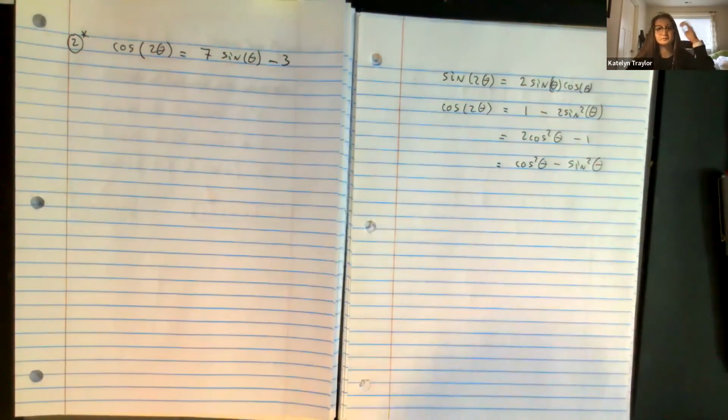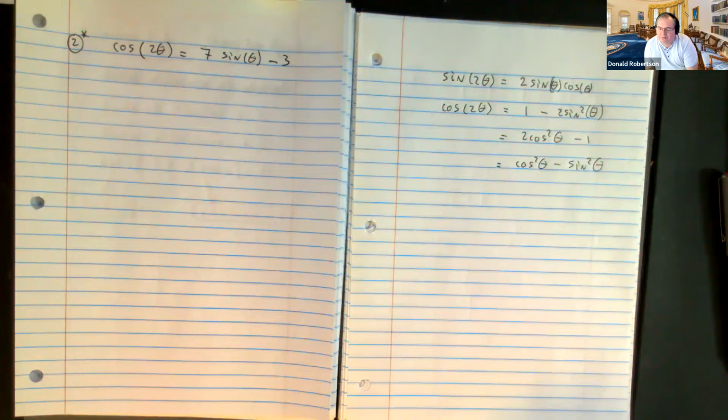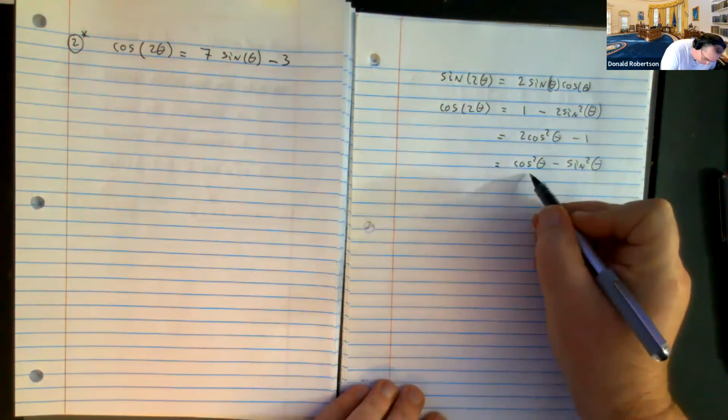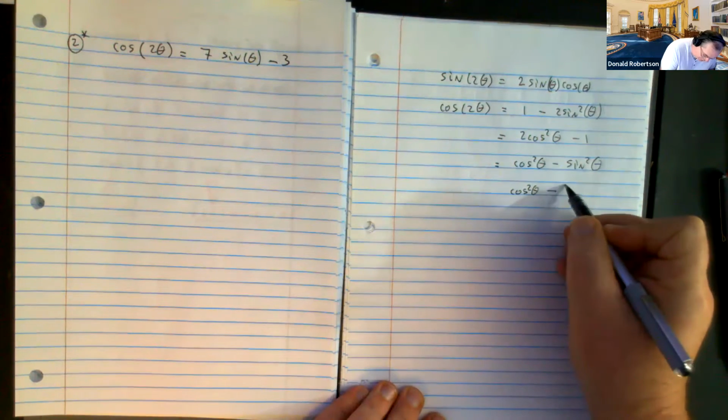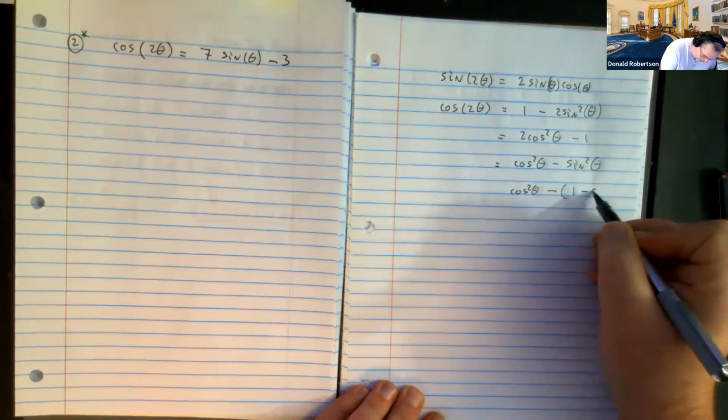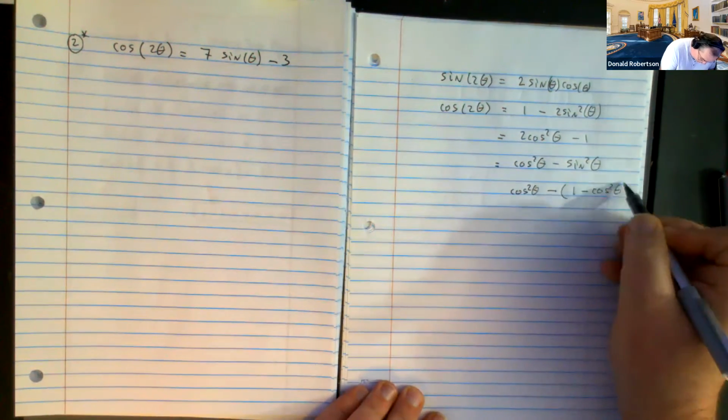Yeah. Okay. We cool with that? Does it look right? Let's check it out. If we assume this one is correct, then cos squared theta, take away sine squared, isn't sine squared 1 minus cos squared?